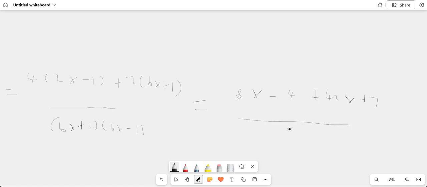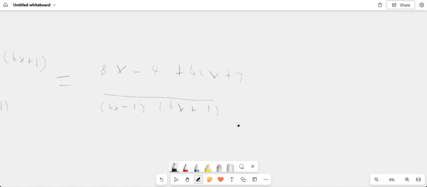All of that's over 6x minus 1, 6x plus 1. Then 8x plus 42x is 50x, and minus 4 plus 7 is plus 3. All of that over 6x minus 1 and 6x plus 1.